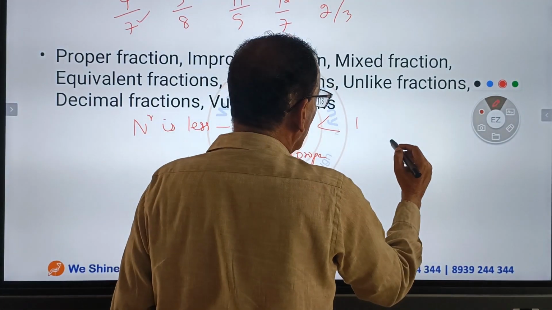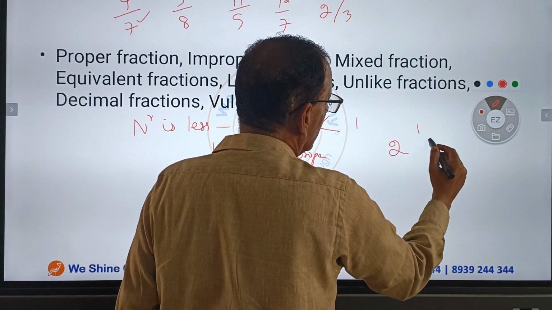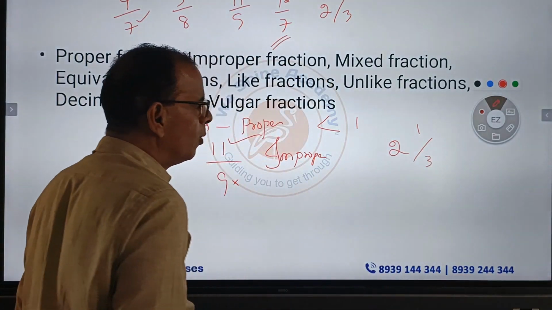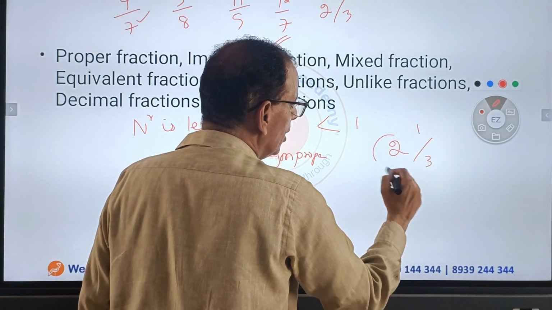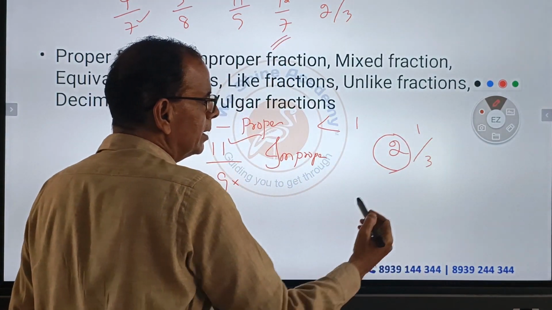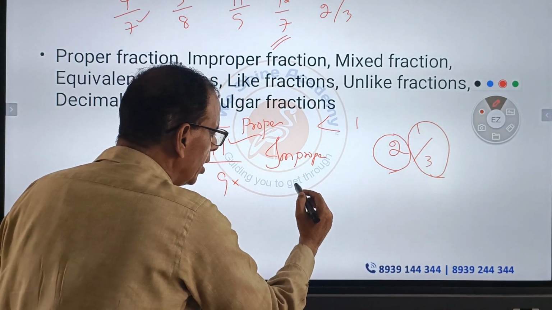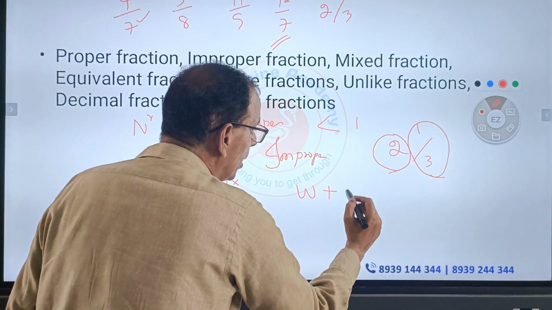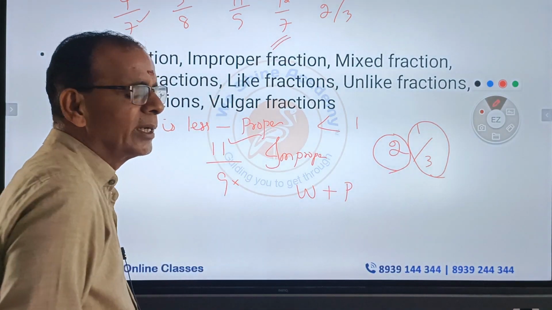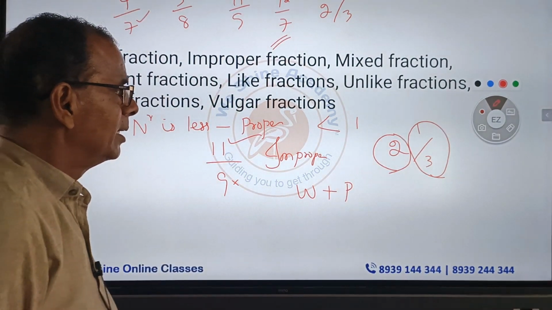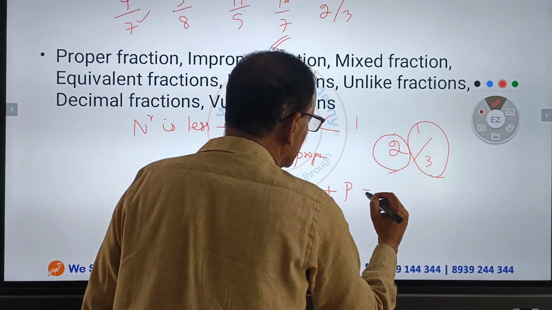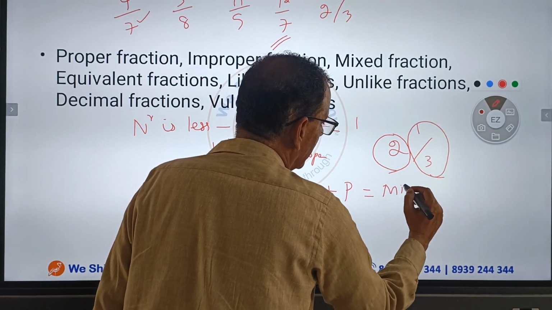What about 2 1 by 3? This 2 is a whole number. What about 1 by 3? This is a proper fraction, a whole number plus a proper fraction. Remember, not improper fraction.